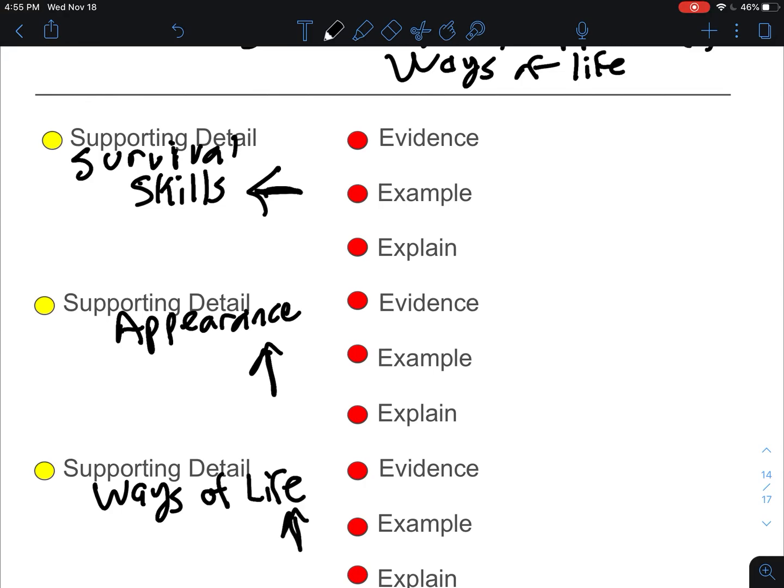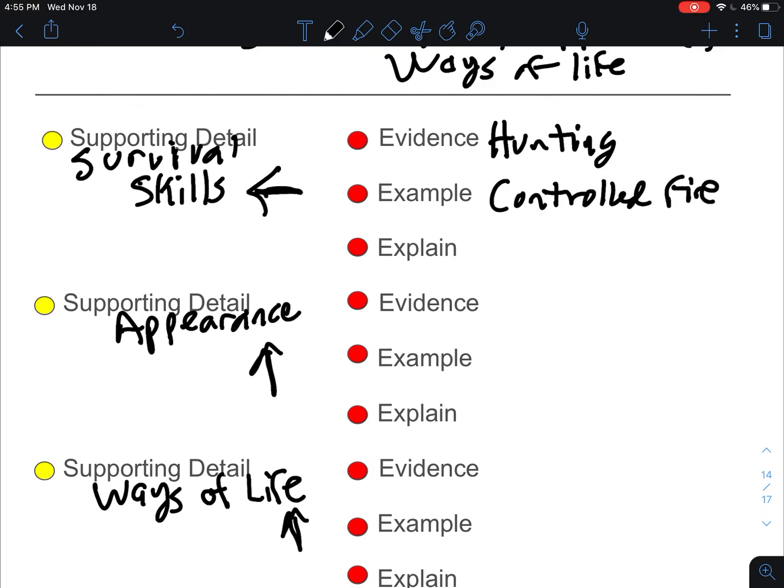All right. So what's one example of a way that they showed survival skills? Yep, we talked about this in class too, right? Hunting. So you could put hunting. Another one could be how they controlled fire.